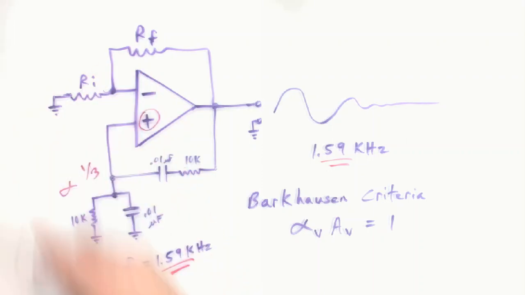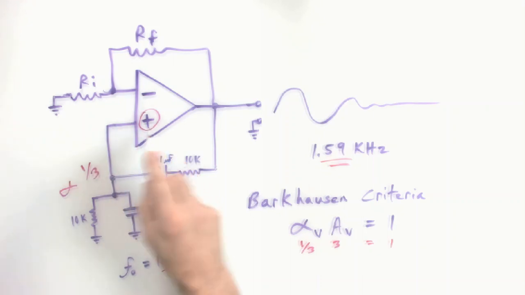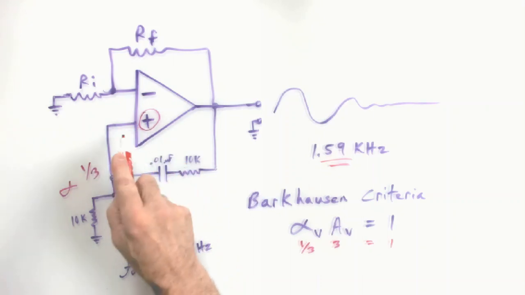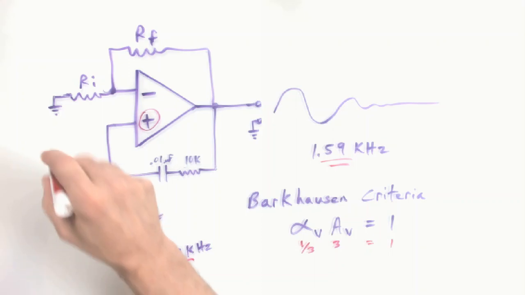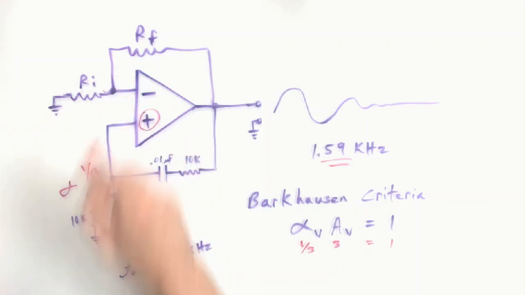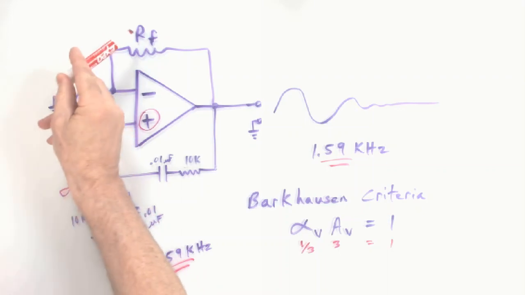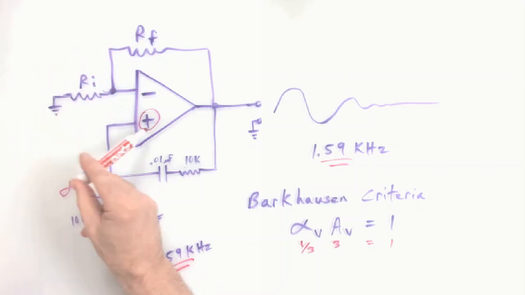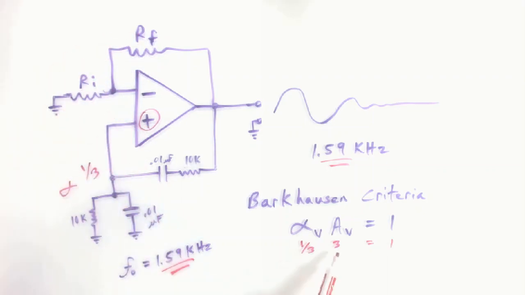So when you're picking resistors to set up a gain, it's true we need a gain of 3 because we've got 1/3, and we've got 3, and that's going to equal 1. So we do need a gain of 3, but don't forget, since we're coming in on the non-inverting input, we already have +1 in place. So any ratio of 2 to 1 will get us, 2 plus 1 is 3.